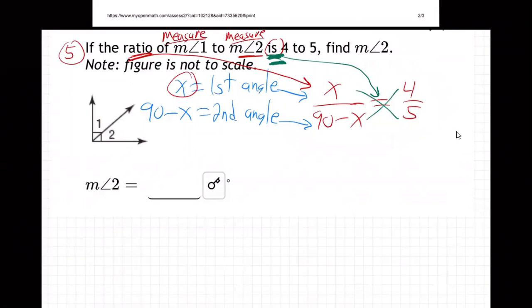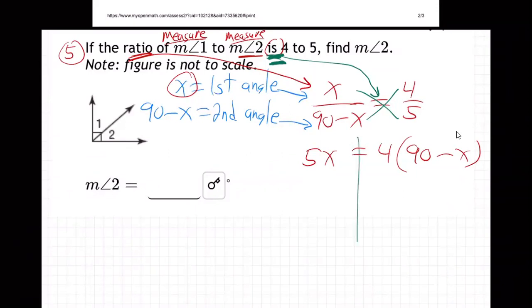When you have two equal fractions, you just cross multiply. So then we'll get 5 times x equals 4 times 90 minus x, like that.